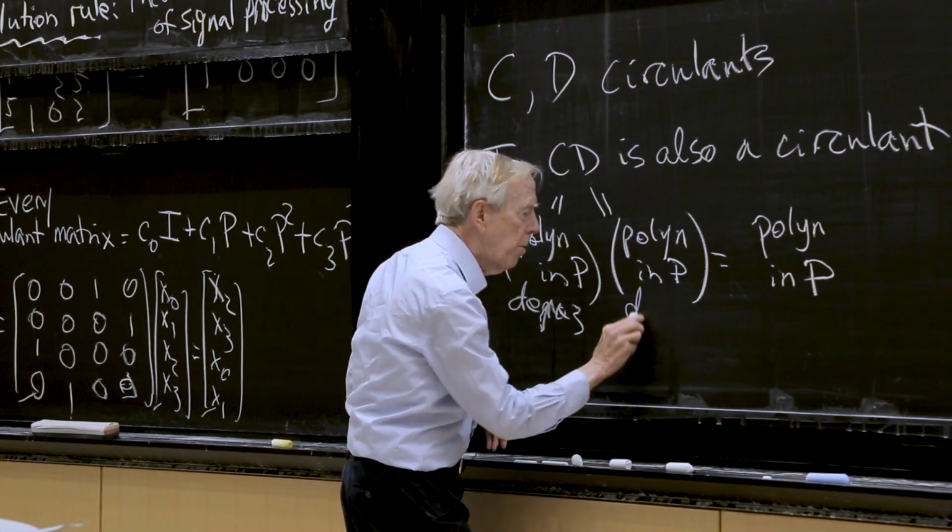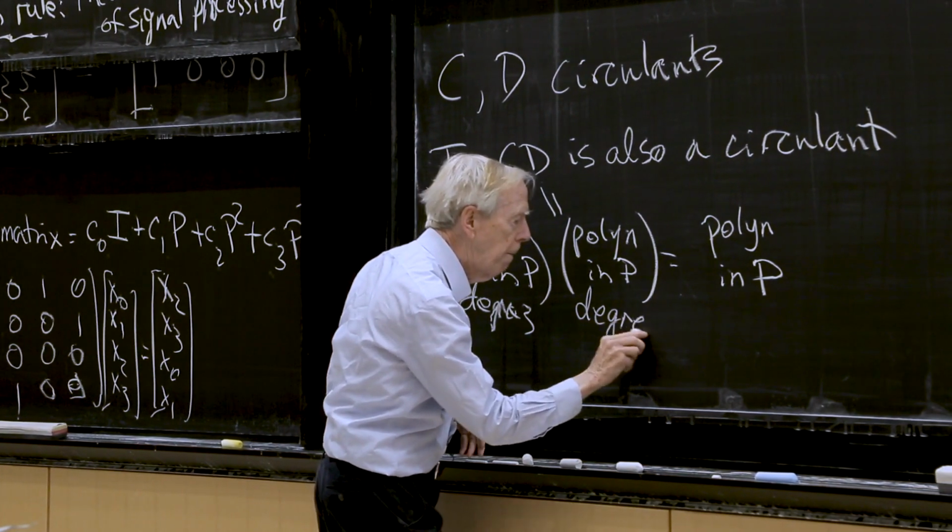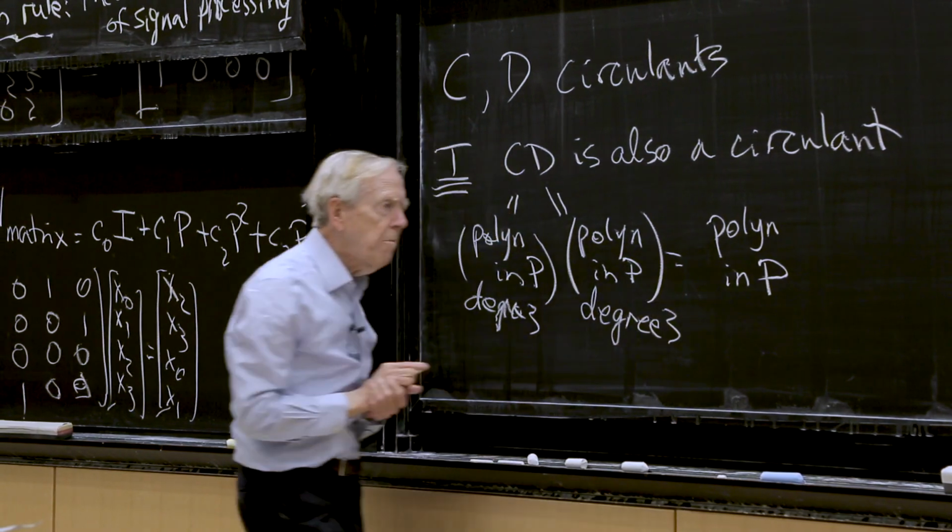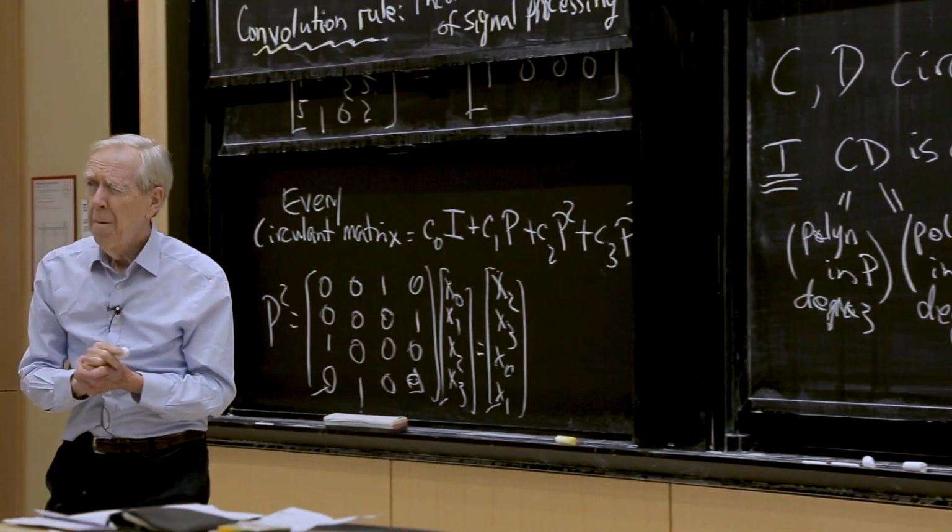And this would be a polynomial of degree 3. So that would give me a polynomial of degree 6.